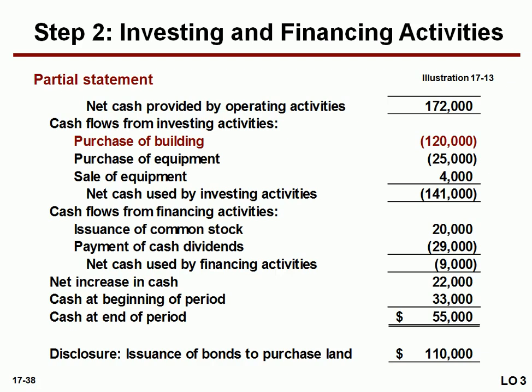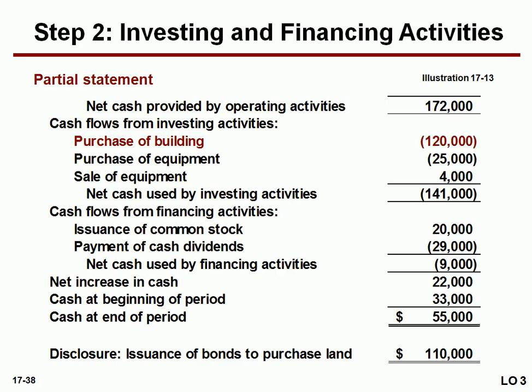So 172 minus 141 comes to 31,000, and then we subtract net cash used by financing activities, that is 9,000 negative. So 31,000 minus 9,000 comes to 22,000. That is how we get 22,000 in net increase in cash.